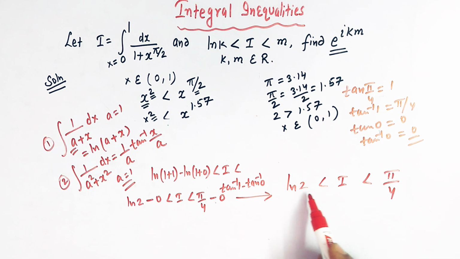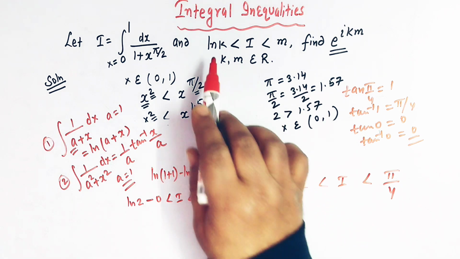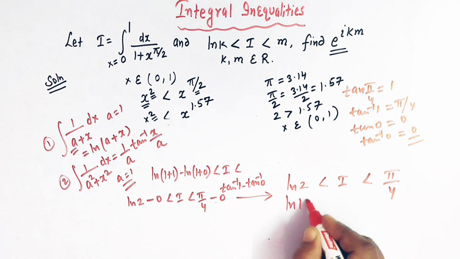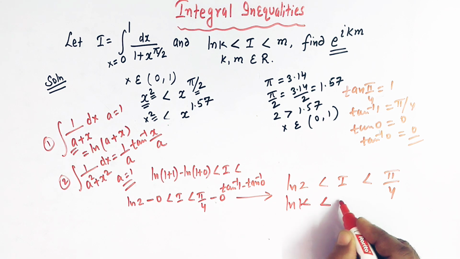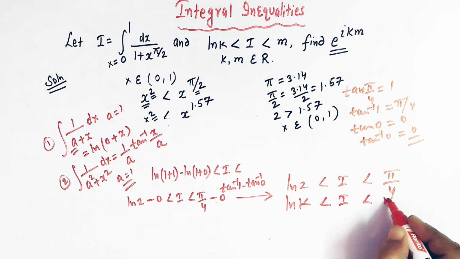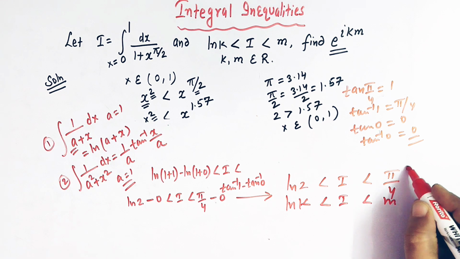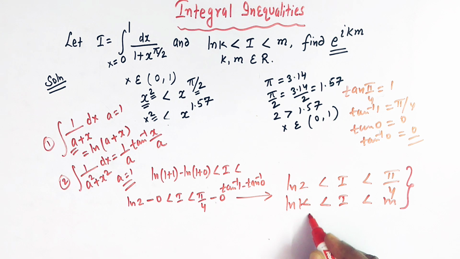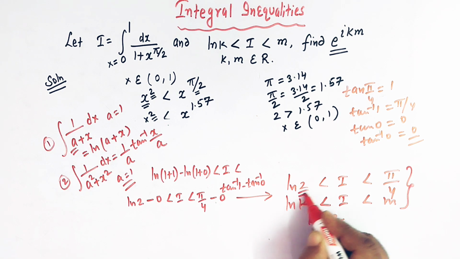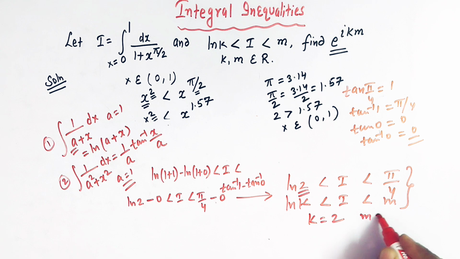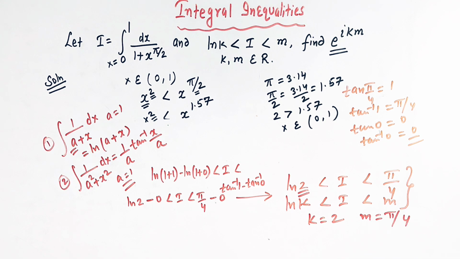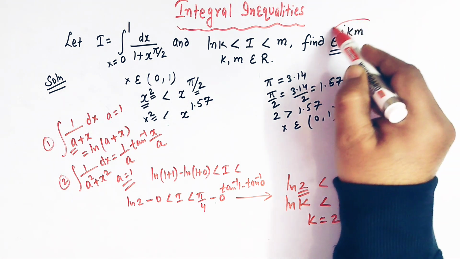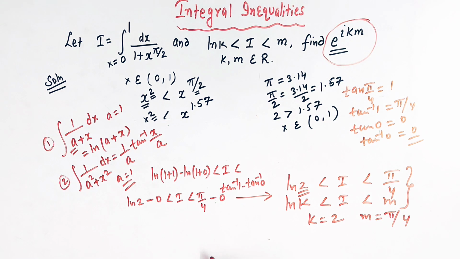And now if we compare this inequality with this one, that is log of k less than I and less than m, and comparing these two inequalities, we'll get k is equal to 2 and m is equal to pi by 4, right?